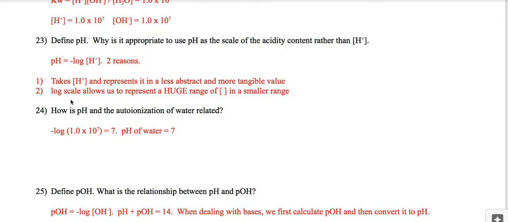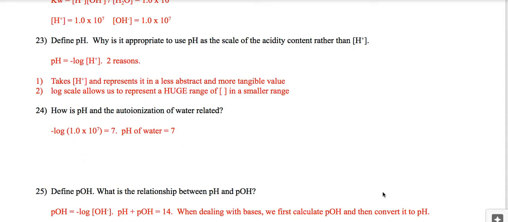Also, since the scale is logarithmic, it allows us to express a huge range of values in a much smaller range from about 0 to 14, rather than from 0.1 to 0.0000, and so on. So you got that. There's the autoionization of water and how it's related to the pH.